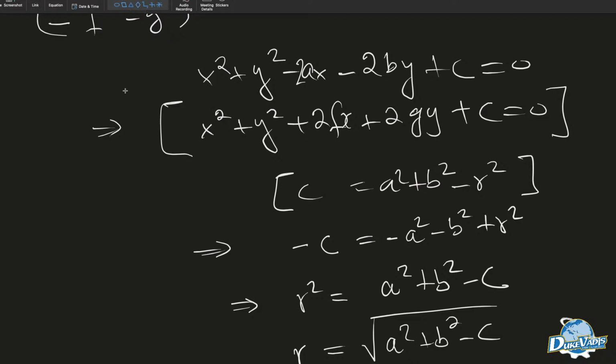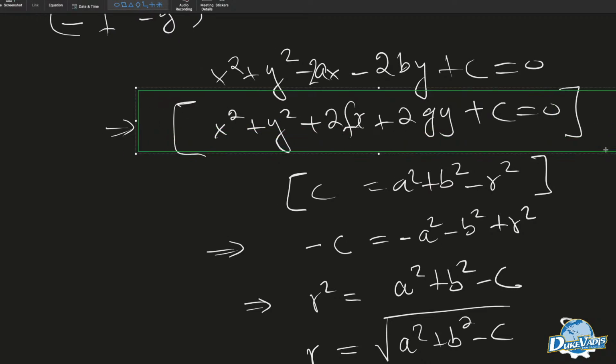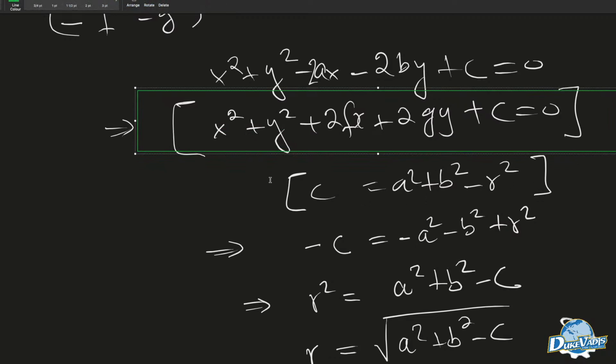We have this equation, that's one equation, and this is another equation that can help us to find the radius.